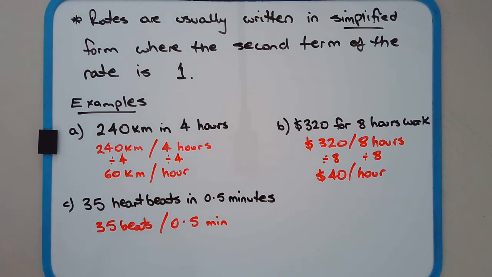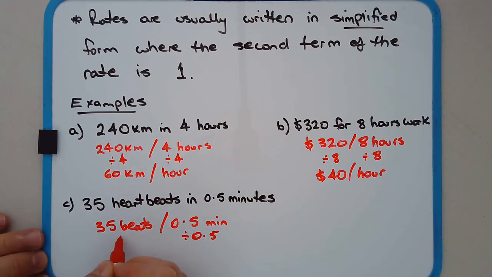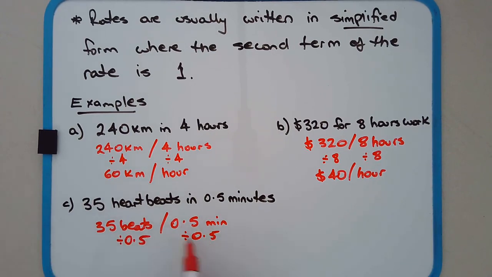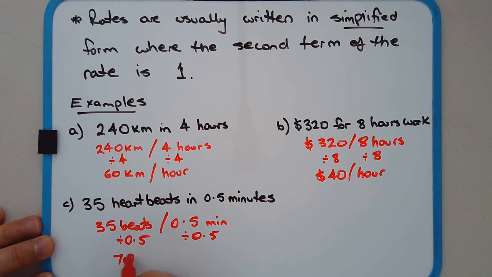First of all, we want it as a rate per minute, not per half a minute, so we're going to divide 0.5 by 0.5 because we want it to equal 1. What you do to one side of the rate, you do to the other side as well. On your calculator, you enter 35 divided by 0.5 and you will get, no surprises, 70 beats per minute.